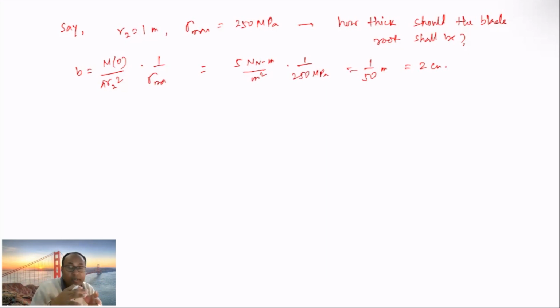I mean, obviously we have seen how these things change along the radius. Okay, so from root to half radius things would vary, and that kind of variation one has to bring into the design purposes.